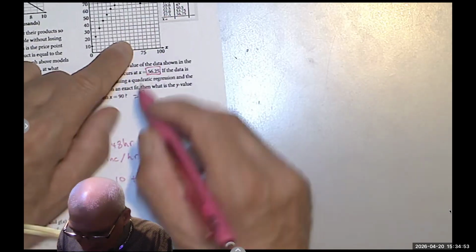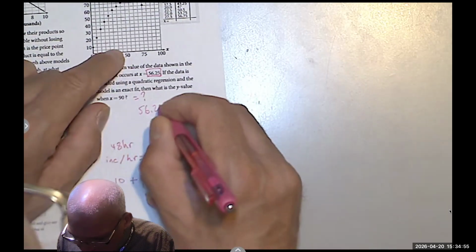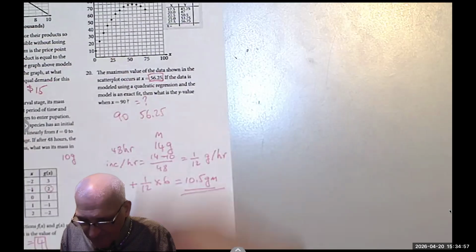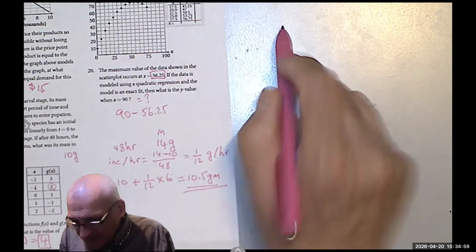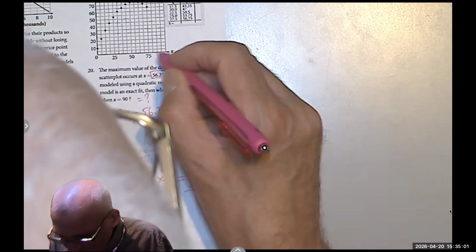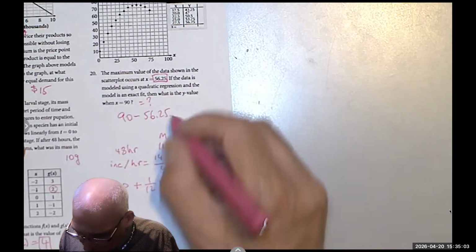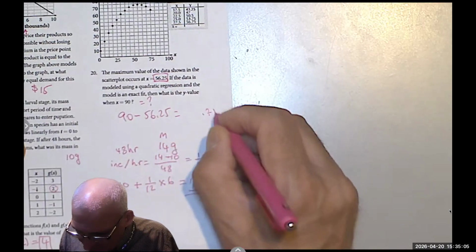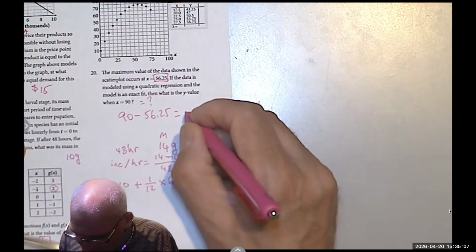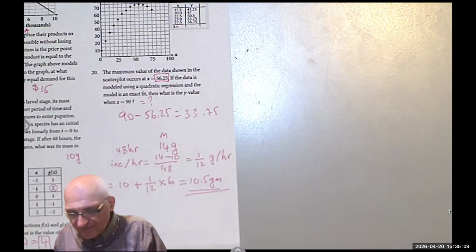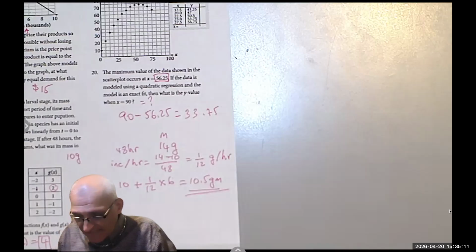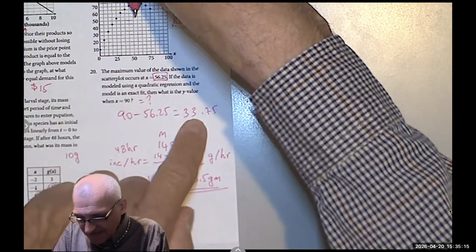So what we need to do is to say, how far above 56 and a quarter is 90? 90 is how much to the right? So when you subtract, you get 33.75. That's how far to the right of the vertex is 90.